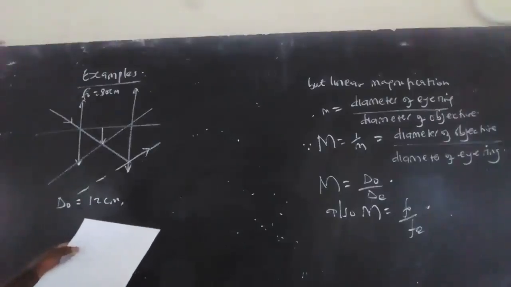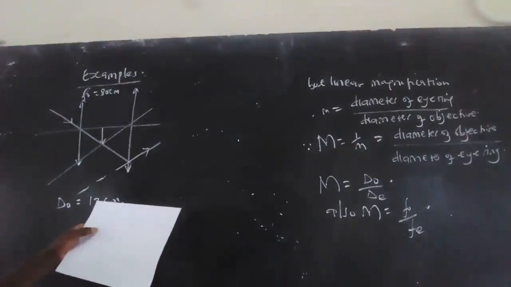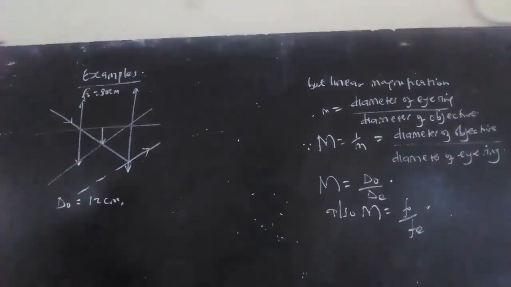If the eyepiece has a focal length of 80, I think there's a mistake here. The question says that the objective of an astronomical telescope in normal adjustment has a diameter of 12 and focal length of 80.